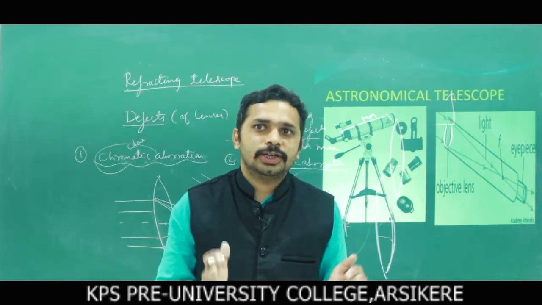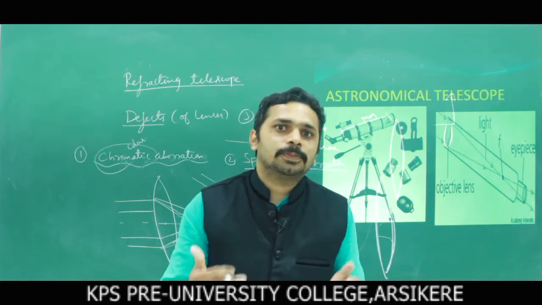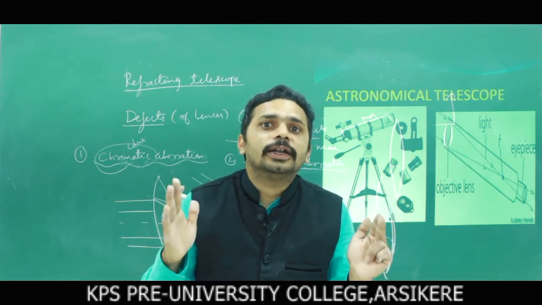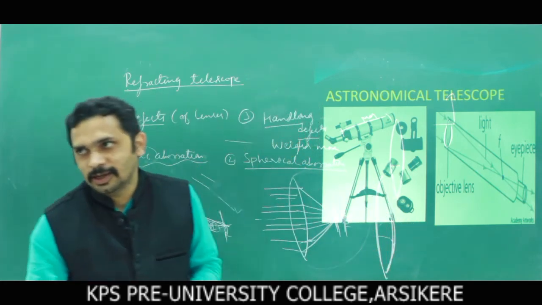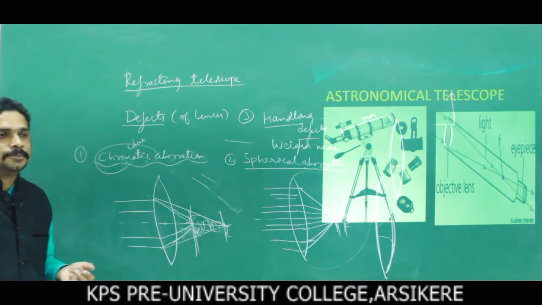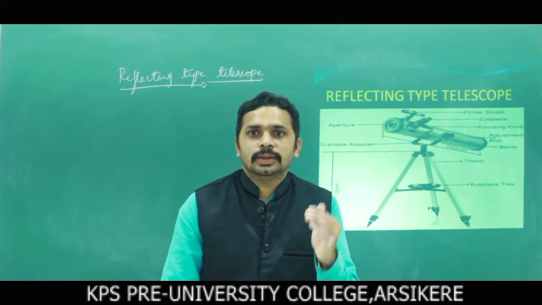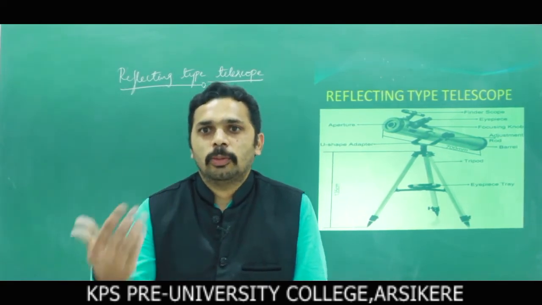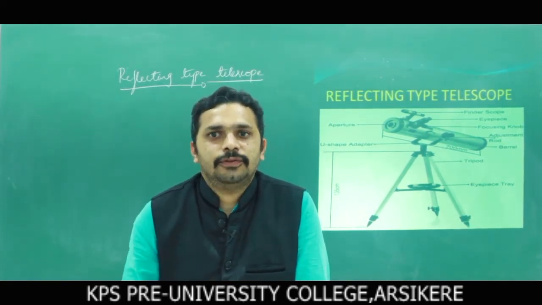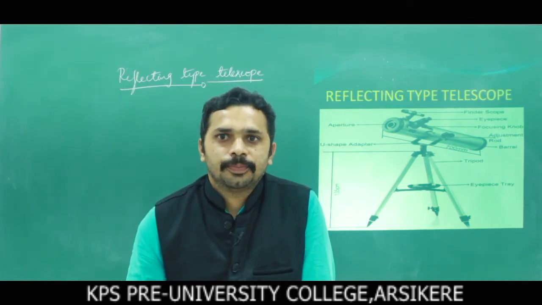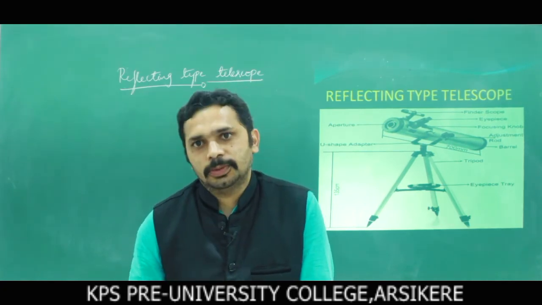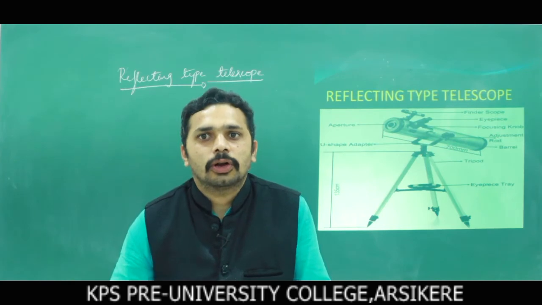Now dear students, we are going to discuss the last part of this chapter, the reflecting telescope. To overcome spherical aberration, chromatic aberration and handling defects, you are going to use the reflecting telescope. Reflecting telescopes are the modern telescopes.